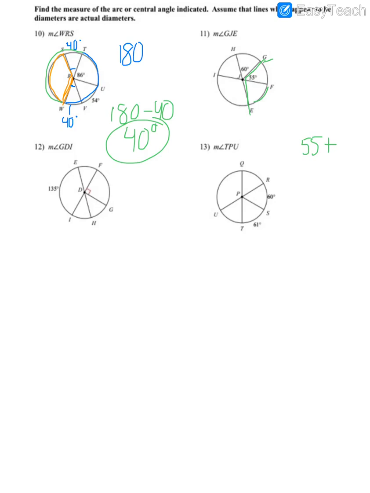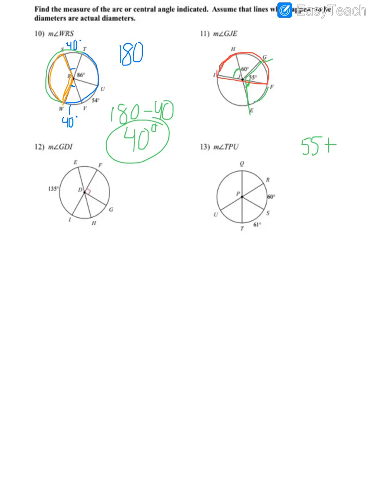Alright, so it seems like this arc, this angle arc, whatever, same thing, will be the same as this one because they're vertical. And we can find that one because together with those other two, again, we have a semicircle, 180 degrees.